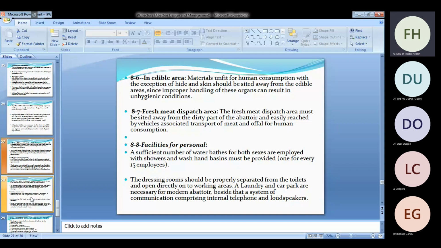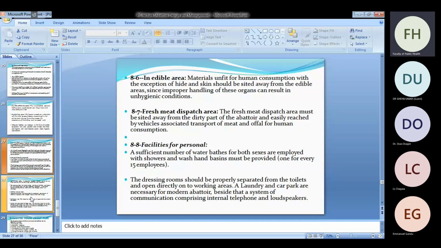That is, you are just saying that there should be personnel rooms, convenient rooms, places people can take their baths and showers, places people can change their clothes before they start work, and places they can take their baths after the work of the day. These are very essential to maintain a hygienic environment and avoid transmission of zoonotic infection.